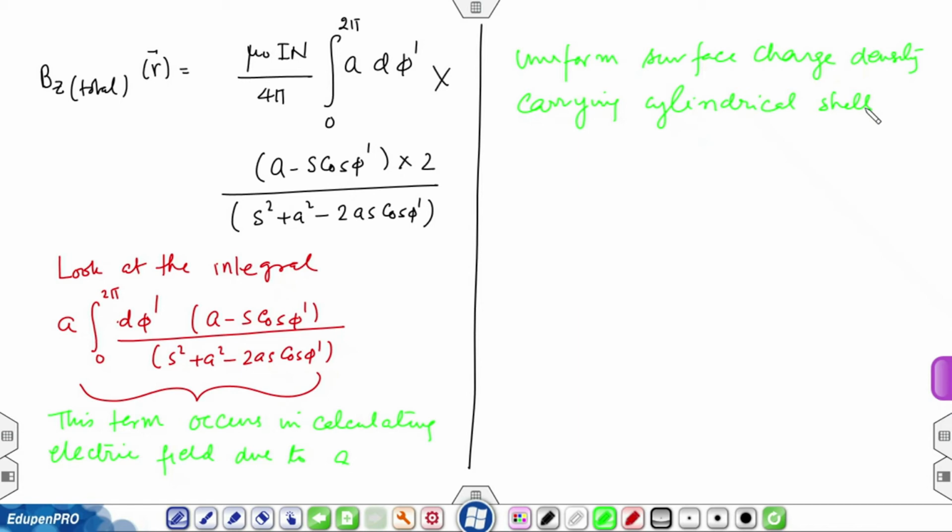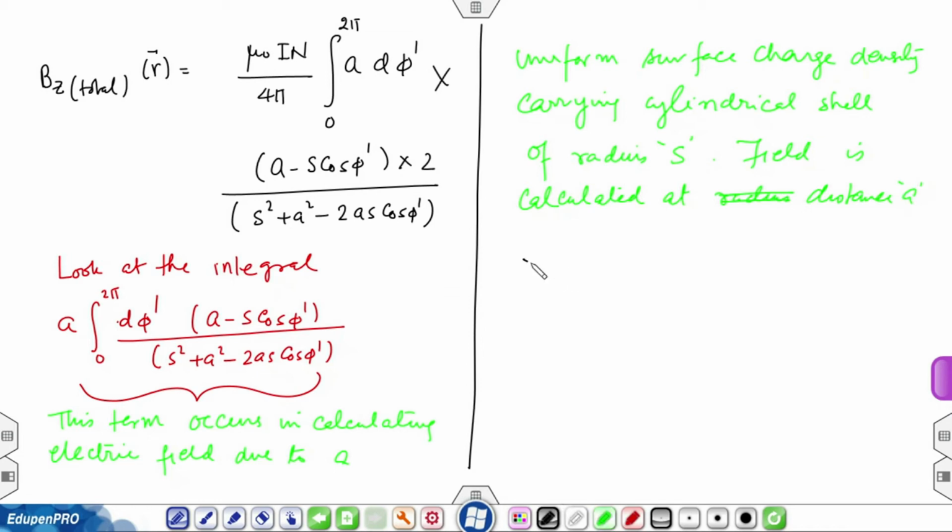And the cylindrical shell will be of radius S, and the field is calculated at distance A. Let me explain how.